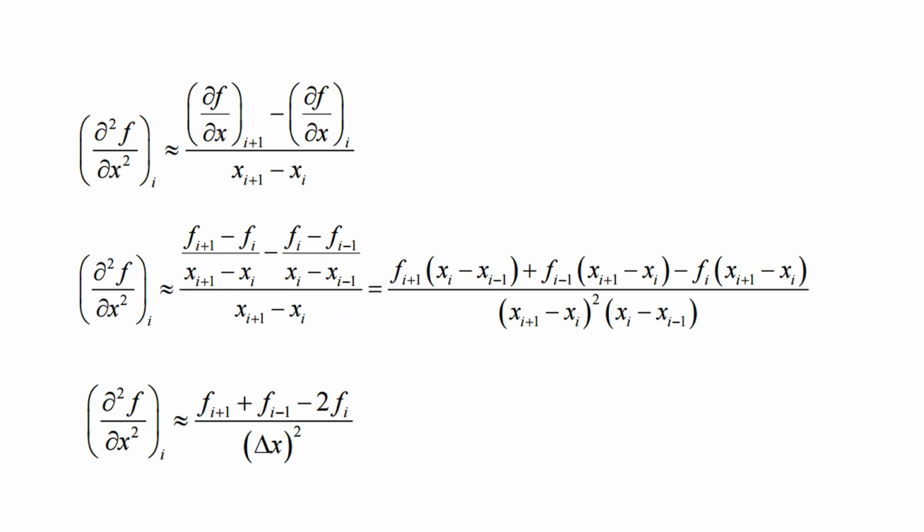We can take dou f by dou x at i plus 1 minus dou f by dou x at i, the whole divided by x i plus 1 minus x i. Then if we substitute the values that we have already found and reduce, the equation becomes f of i plus 1 plus f of i minus 1 minus 2 times f of i by delta x square.